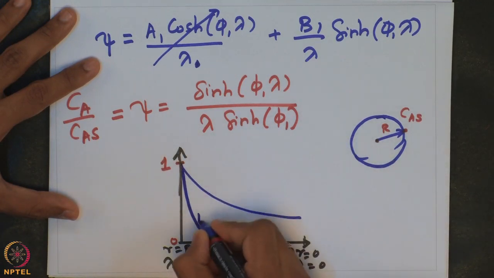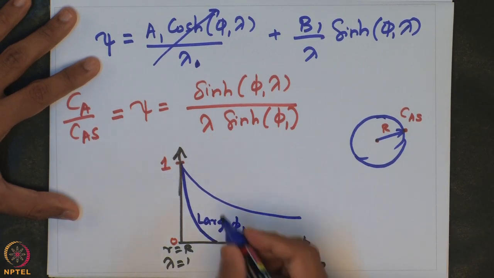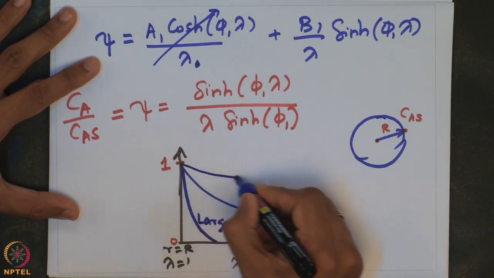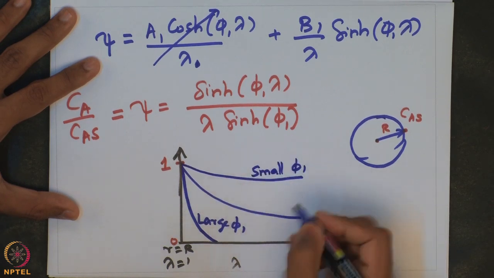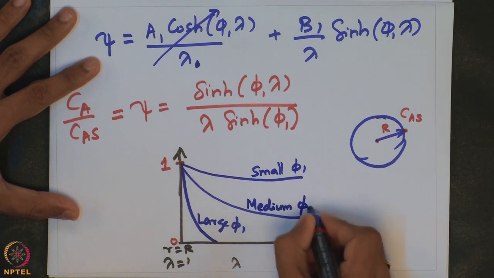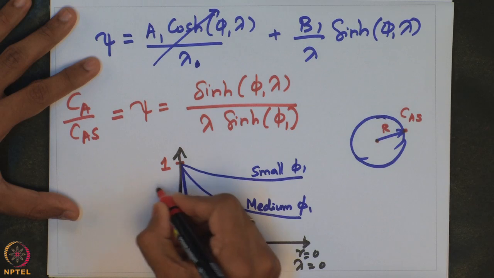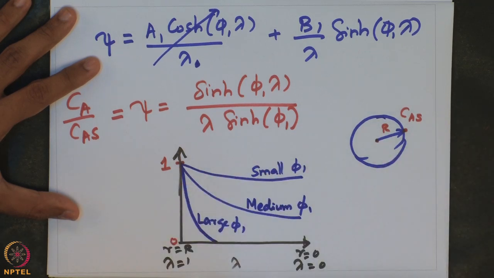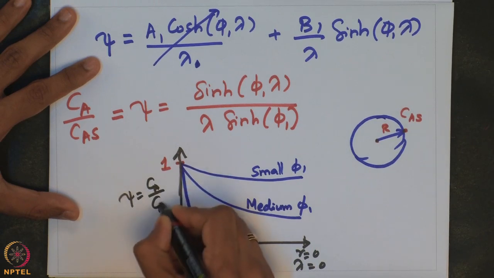This is for large phi, and for a small phi one would observe this kind of profile. This is for some medium value of phi 1. In this sketch, this axis is psi equal to Ca by Cas.